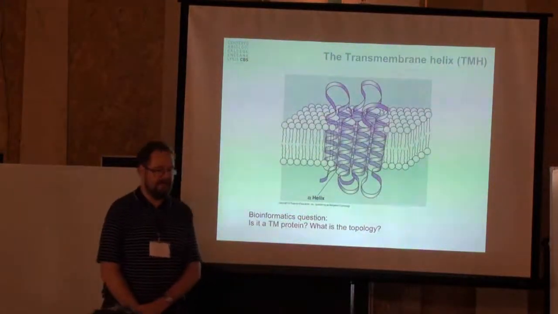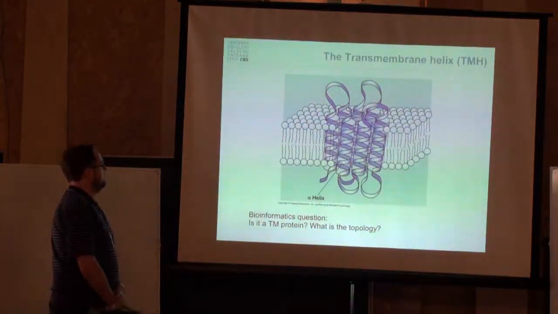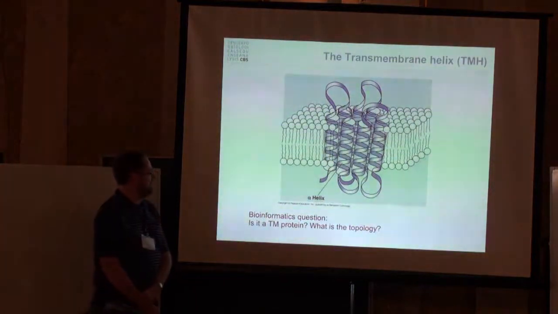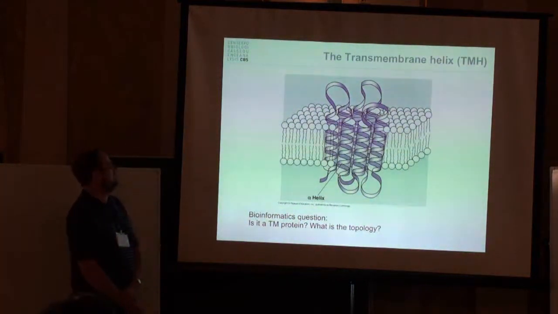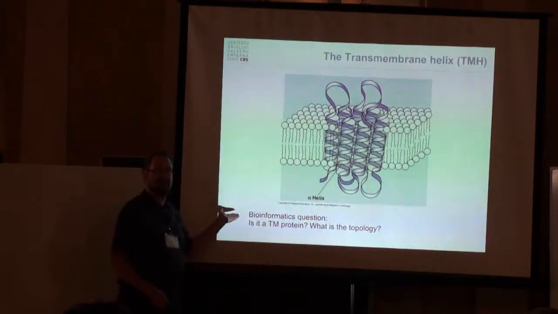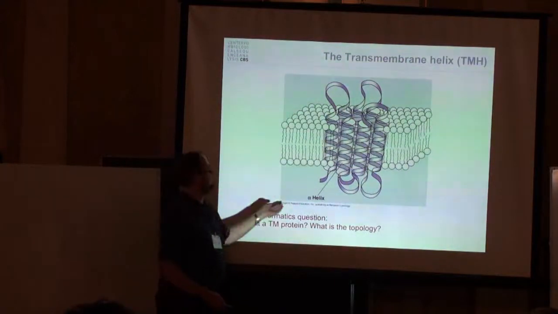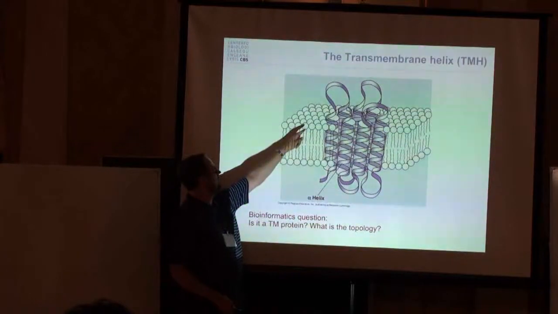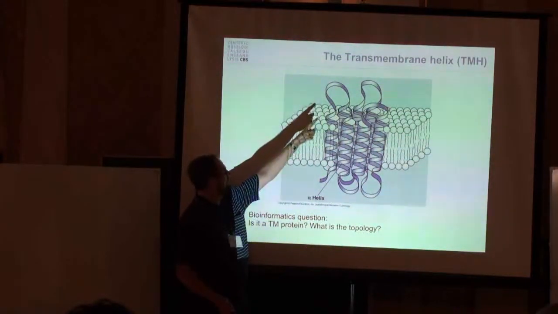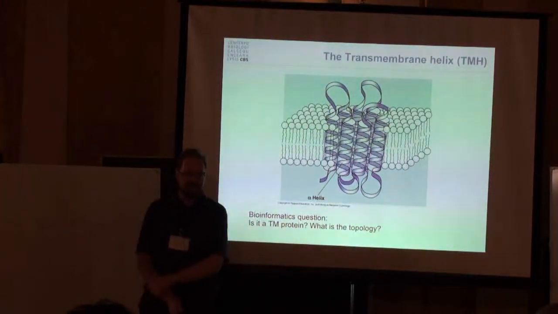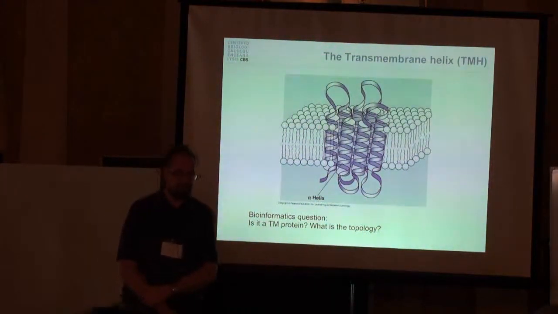And the transmembrane helix is found in transmembrane alpha helix bundle proteins. And the bioinformatics question here is, given the sequence, do we have a transmembrane protein or not? And if it is a transmembrane protein, what is its topology? That is, which parts are outside and inside the cell and which parts are traversing the membrane.